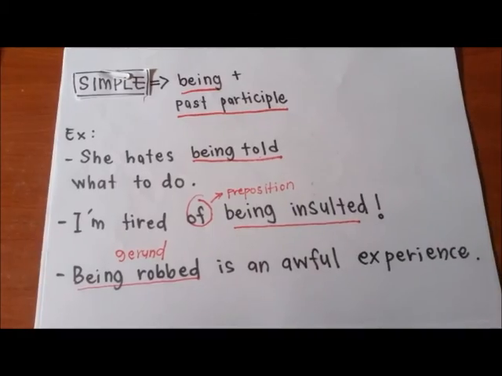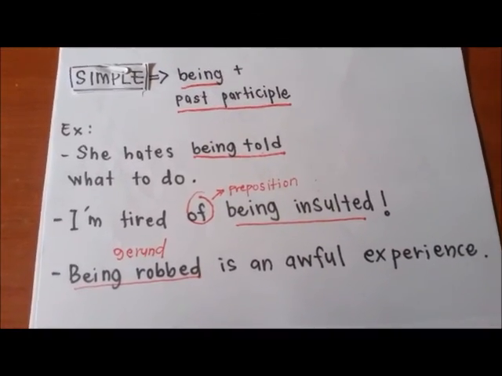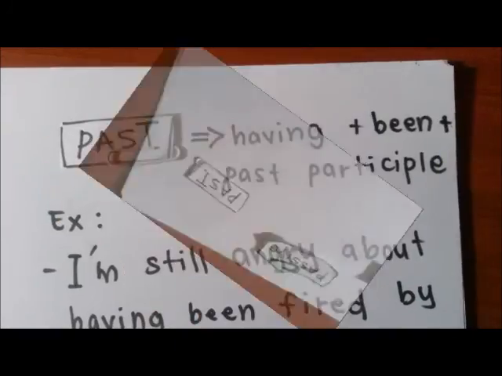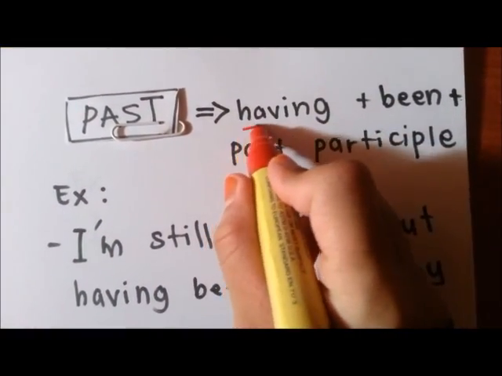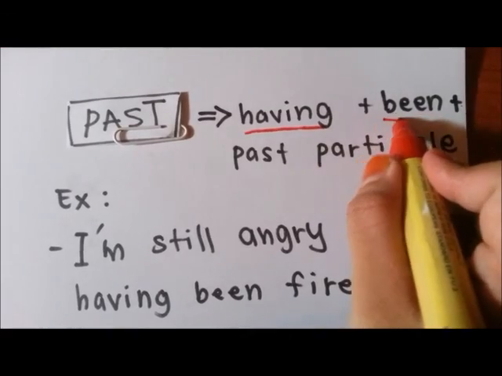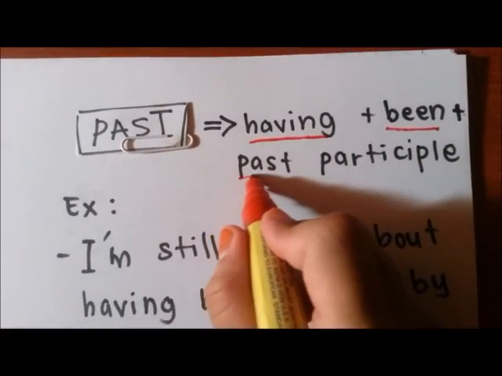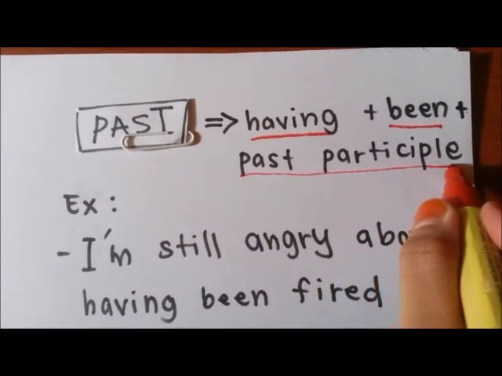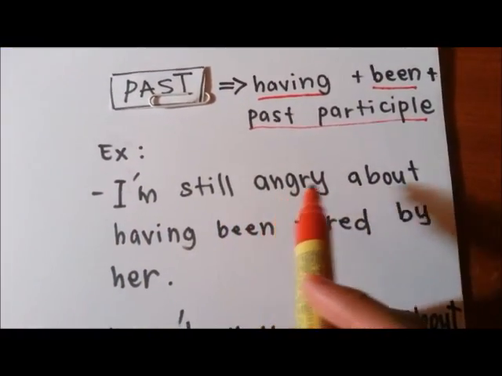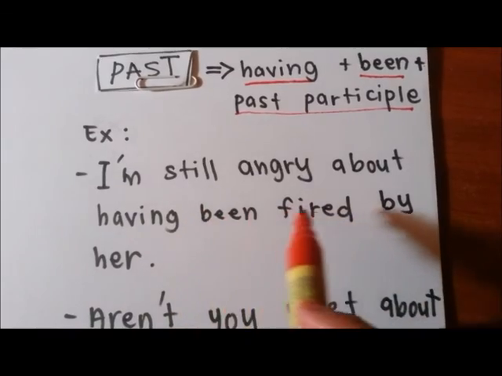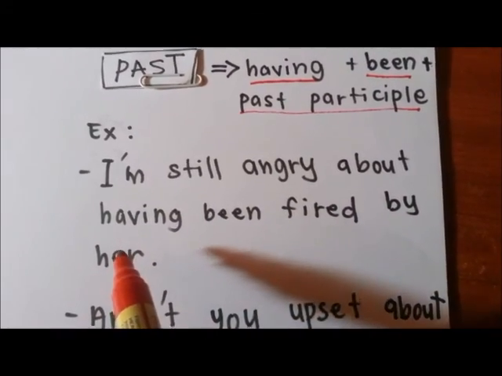Okay, let's take a look into passive past. Passive past is having plus been plus past participle. Let's take a look into the example. I'm still angry about having been fired by her.